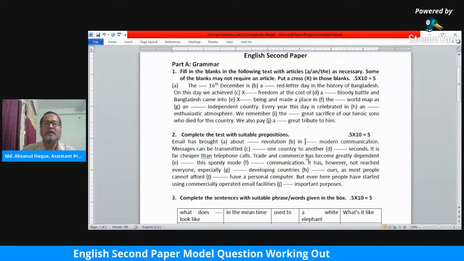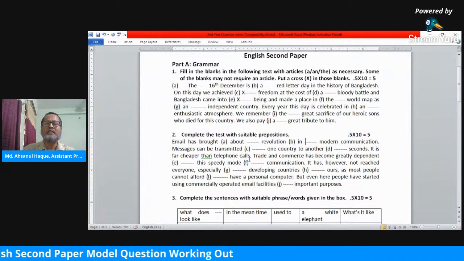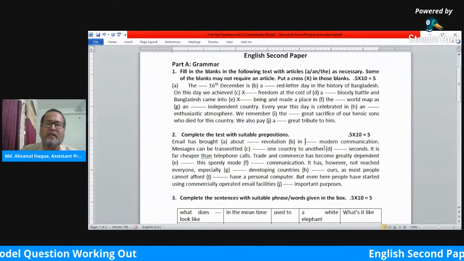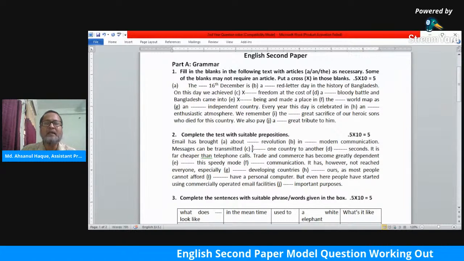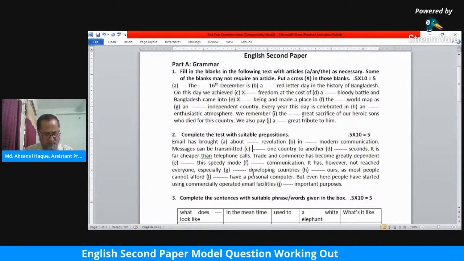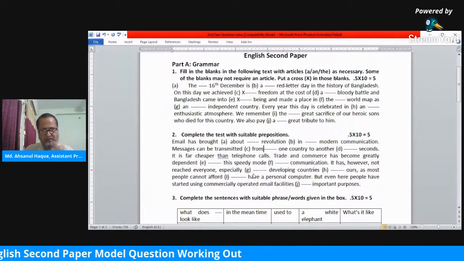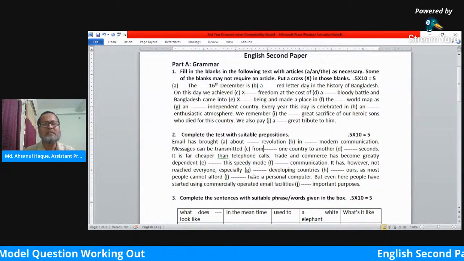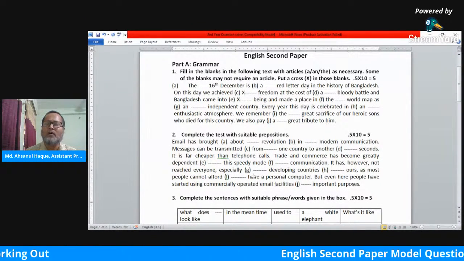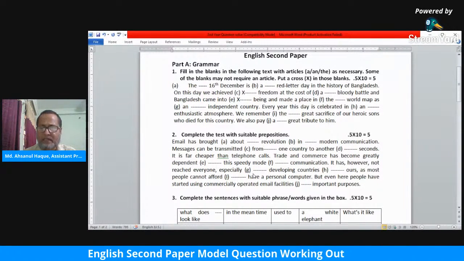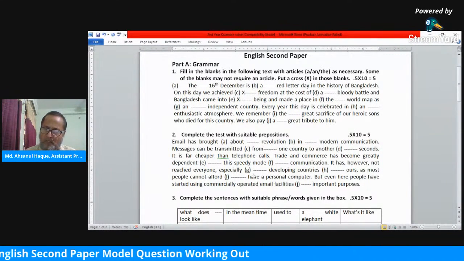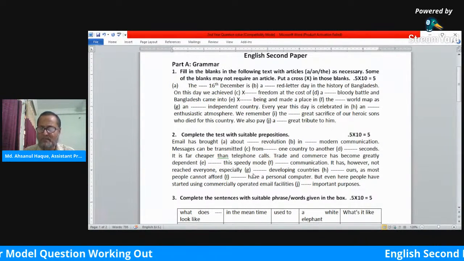Messages can be transmitted dash one country to another. So from one country to another, the answer is very clear. Messages can be transmitted from one country to another dash seconds: within seconds, within a very short time.